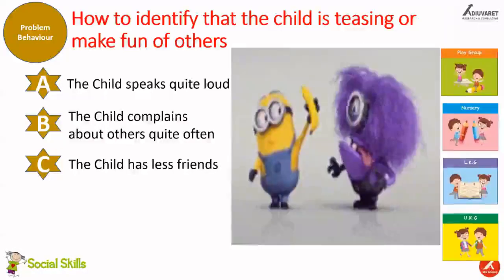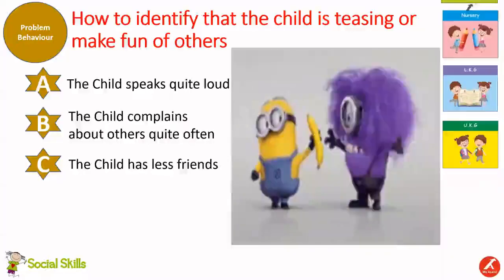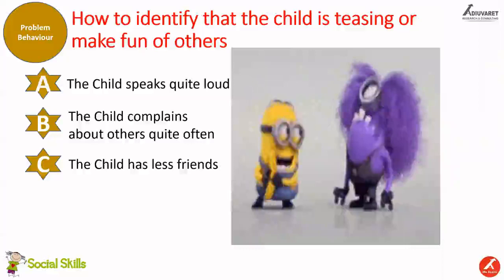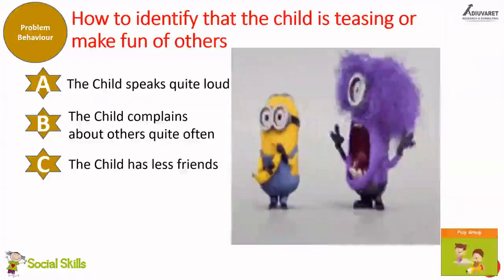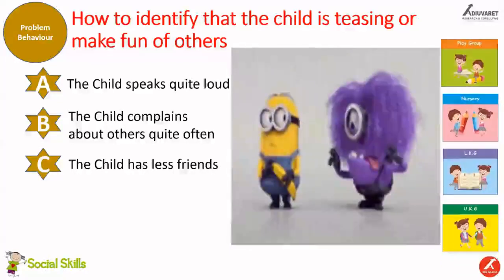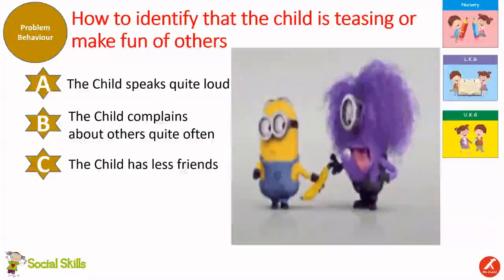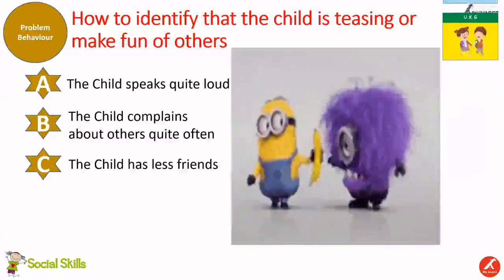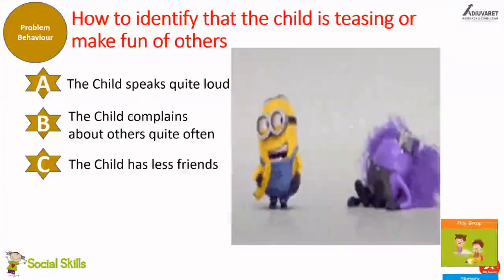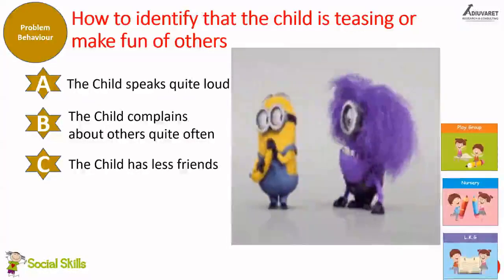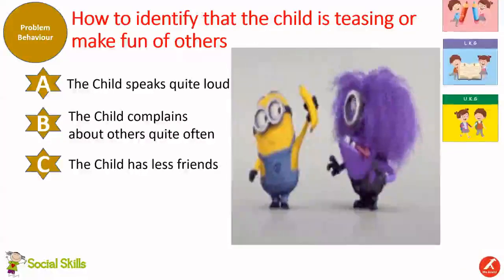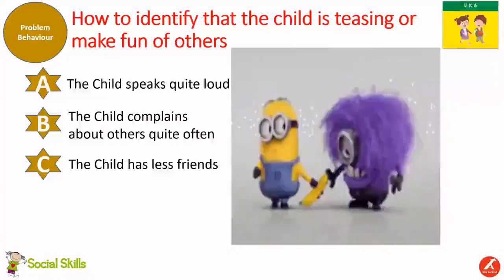If the child is not able to name at least 50% of the children around, then that shows the child has very few friends. This may be one reason, or some social angle may be another reason for not having sufficient friends around the child. This is very common and we often ignore it, but it is one of the major signs which says that the child's behavior towards other children is negative.